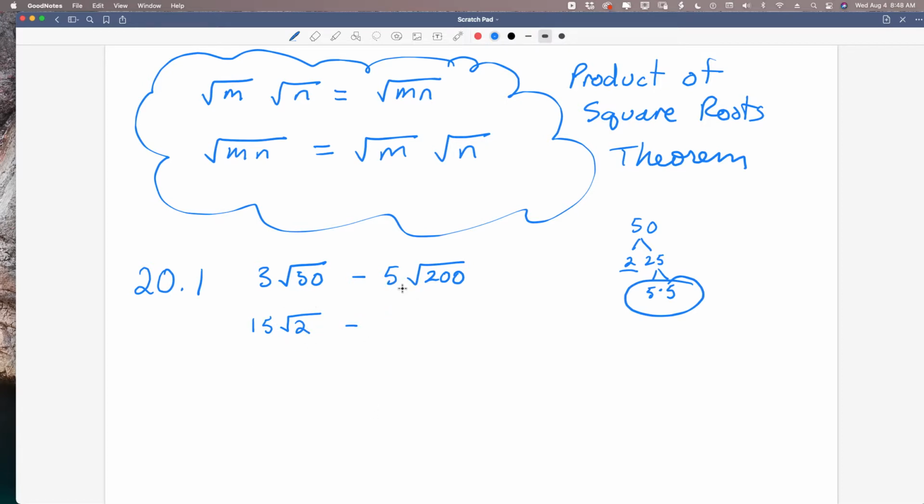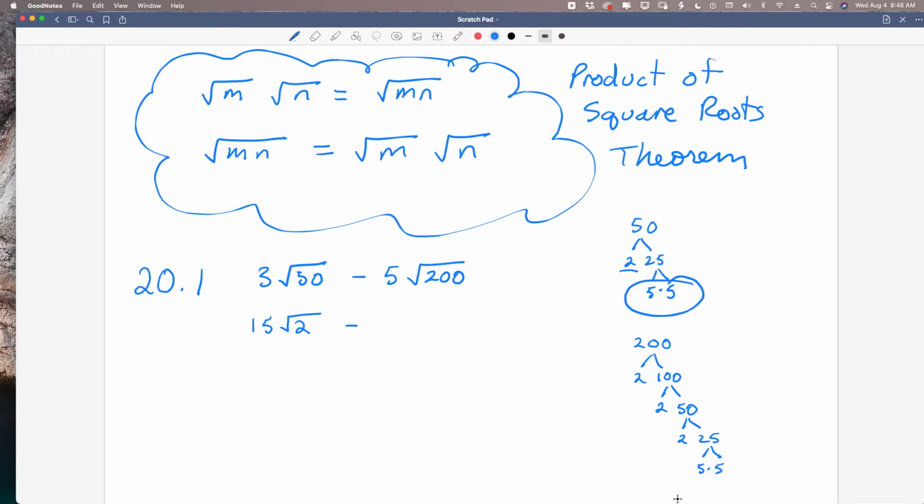So let's look at this radical here. We have 200. Let's do a factor tree for it. We have 2 times 100. We know that 100 is 2 times 50. We know that 50 is 2 times 25. And we know that 25 is 5 times 5.